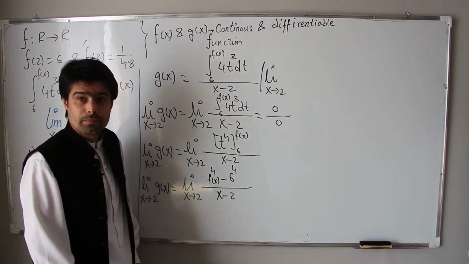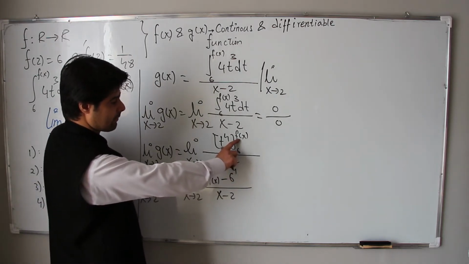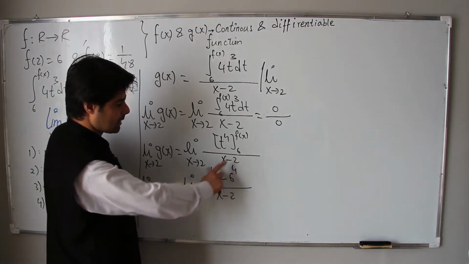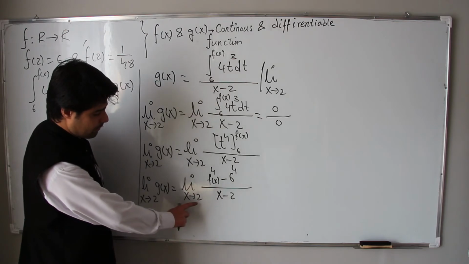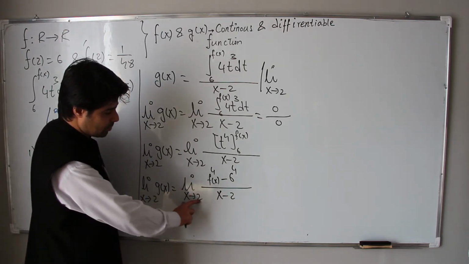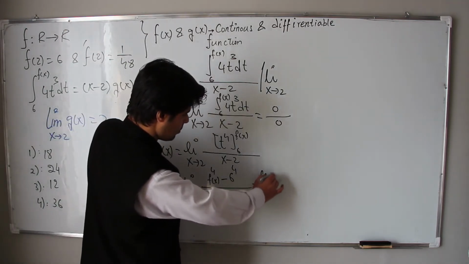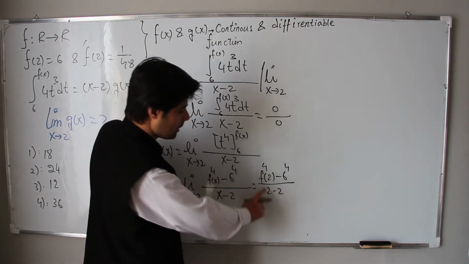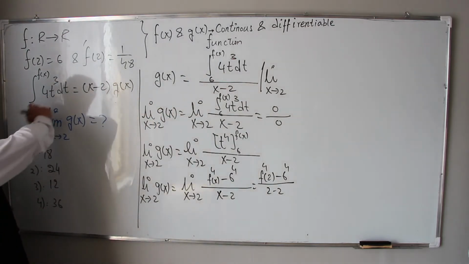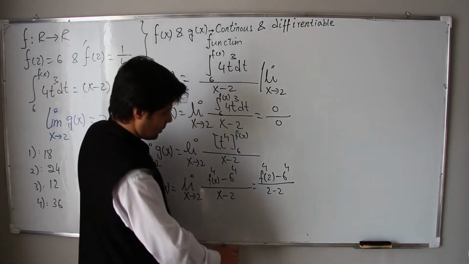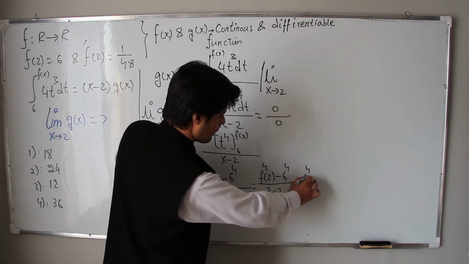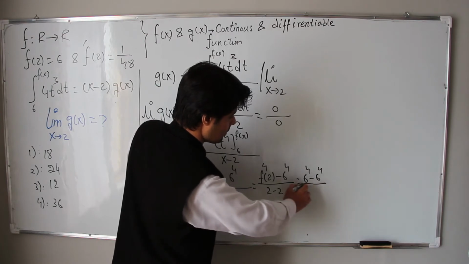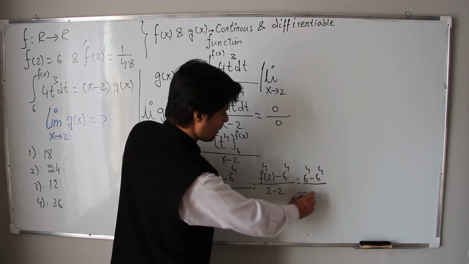Am I right or not? The upper limit is f(x), t to the power 4. Instead of t we have to put f(x) to the power 4 minus 6 to the power 4. Now when I put 2 instead of x, it becomes f(2) to the power 4 minus 6 to the power 4, over 2 minus 2. What is f(2)? f(2) is 6, so it is 6 to the power 4 minus 6 to the power 4, and the denominator is 2 minus 2.